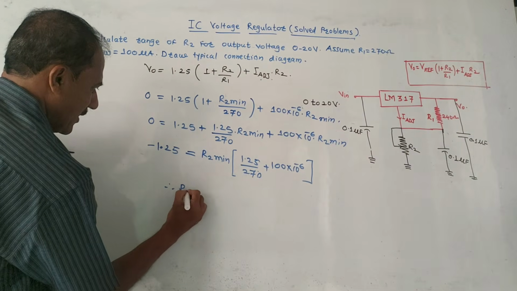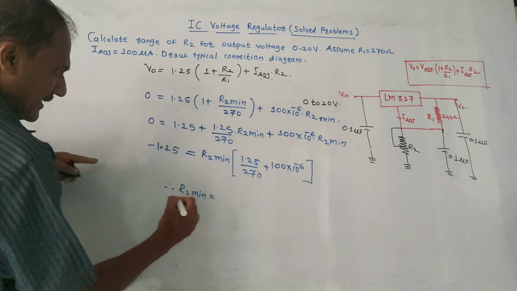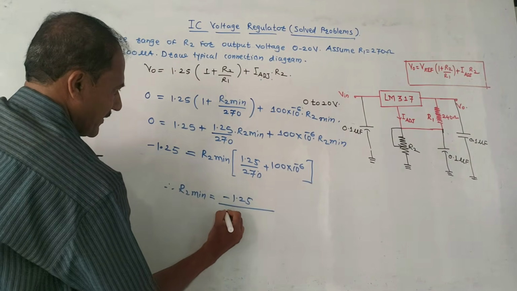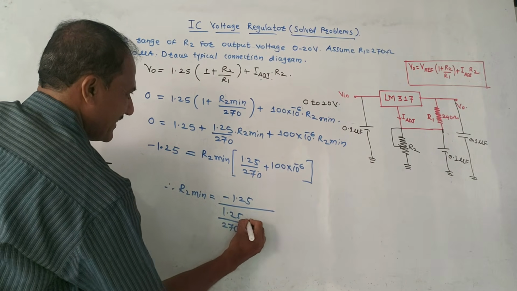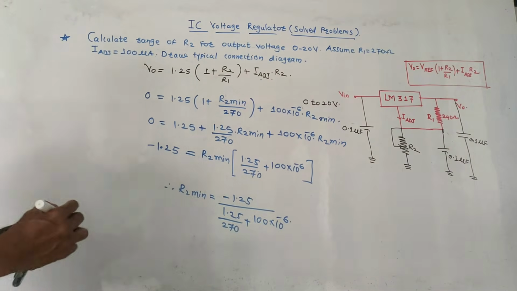Therefore, R2 minimum will be this value, that is minus 1.25 upon 1.25 by 270 plus 100 into 10 raised to minus 6.